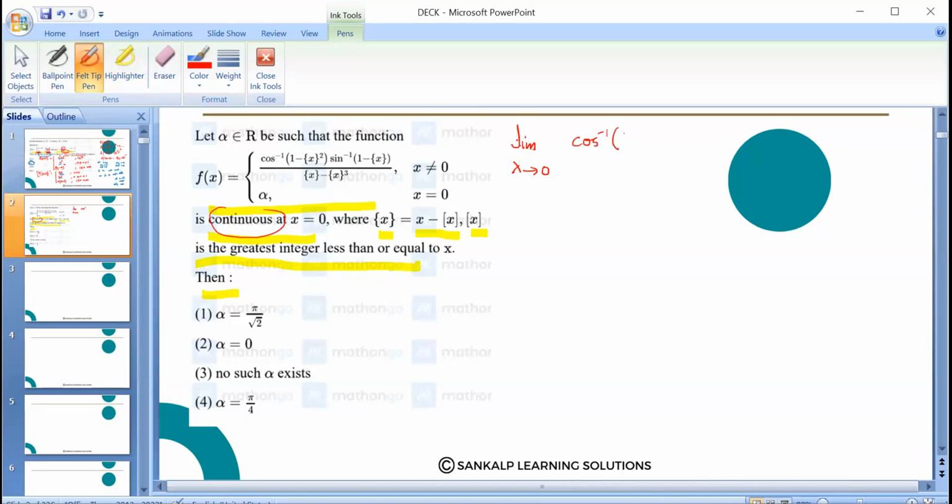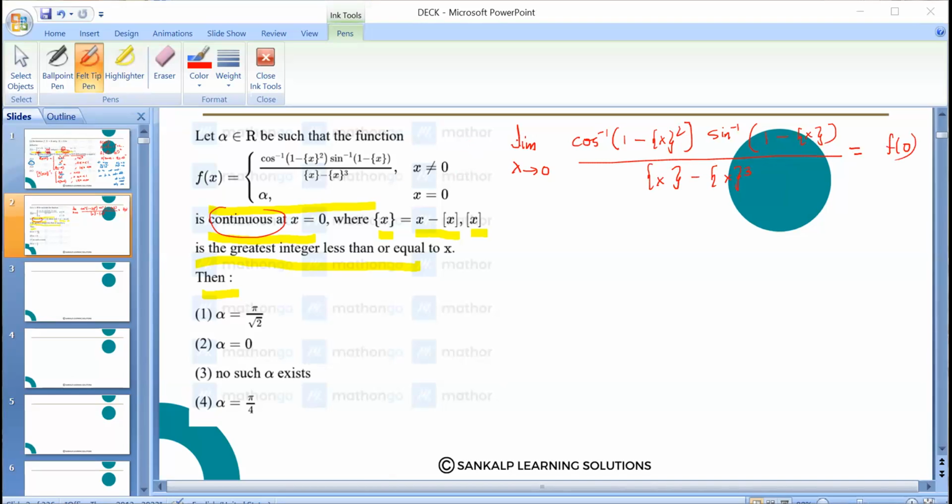The limit is cos inverse of 1 minus x square, sin inverse of 1 minus x, by x minus x. And then f of 0 should be equal to this if the function is continuous.